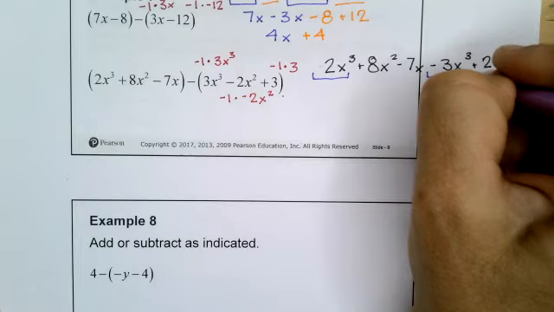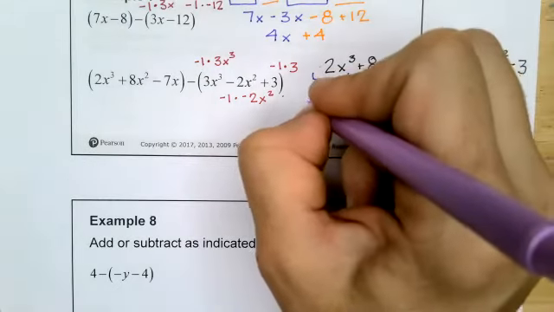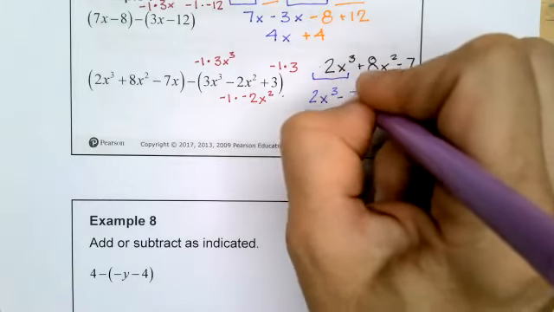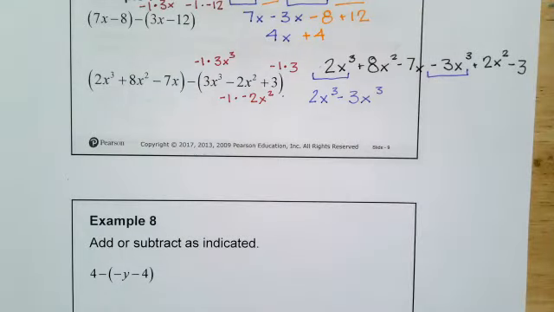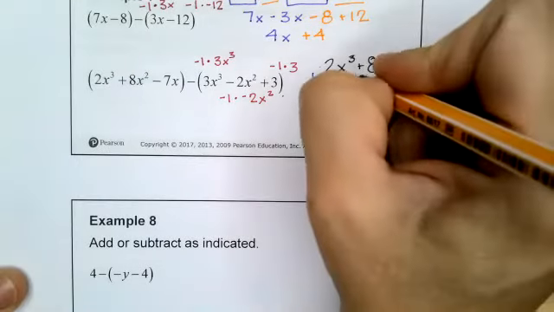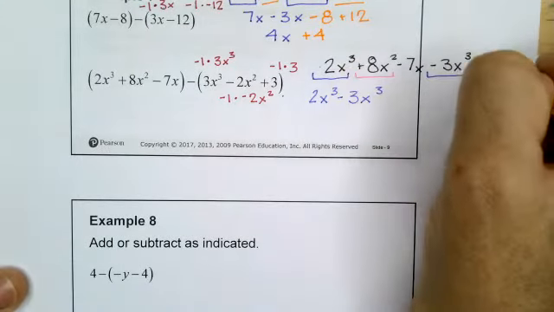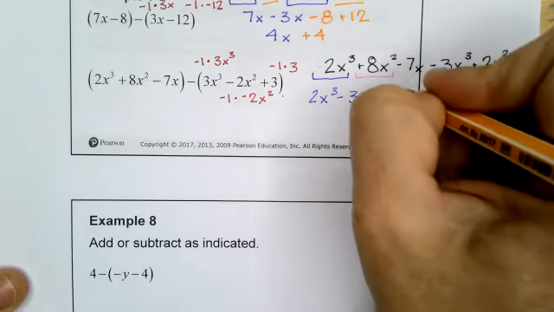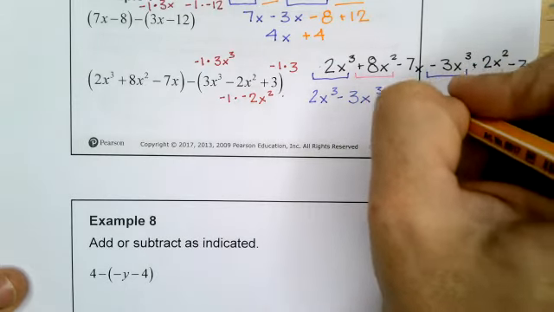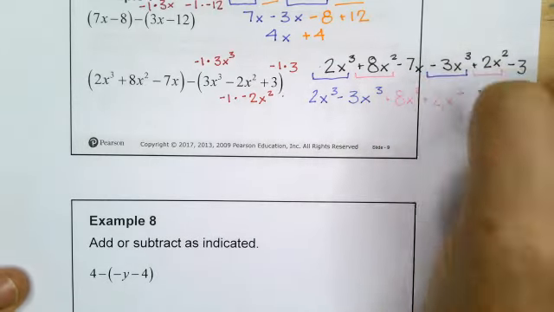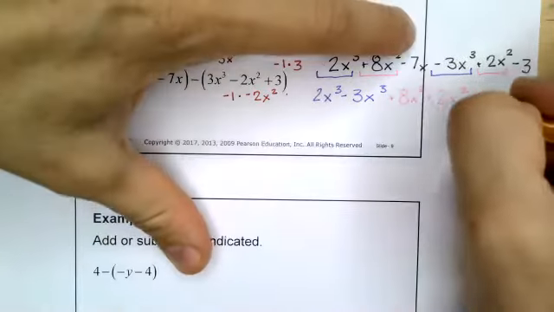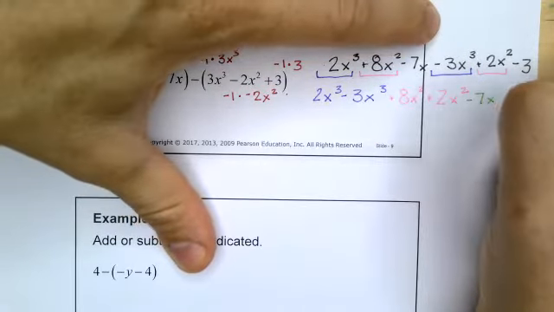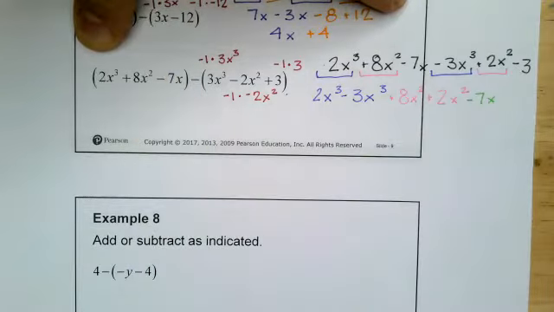2x cubed minus 3x cubed. And then we have 8x squared and 2x squared. And then we have negative 7x. Does not get combined with anything.